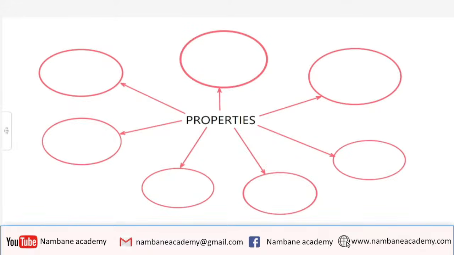We already know the three characteristics: metals, non-metals, and semi-metals. But we also speak about the properties of different kinds of elements or materials. I'm going to write them in these boxes. The first property we can speak about is: is the substance brittle? The next one is being ductile.